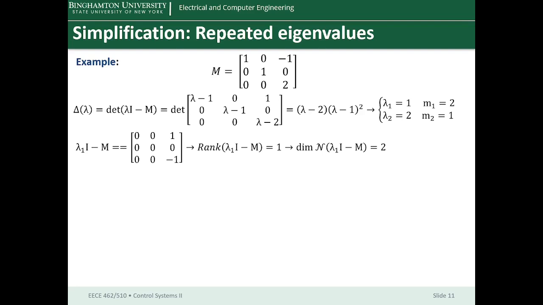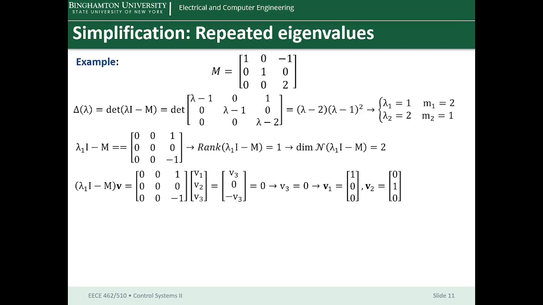From the rank-nullity theorem, we know that the dimension of the null space is equal to the total number of columns minus the rank. Since the matrix is 3 by 3, that means the null space has dimension 2. That is the case we really like because the algebraic multiplicity and geometric multiplicity are equal. In other words, we have a repeated eigenvalue with two independent eigenvectors. So this matrix is diagonalizable with respect to that eigenvalue.